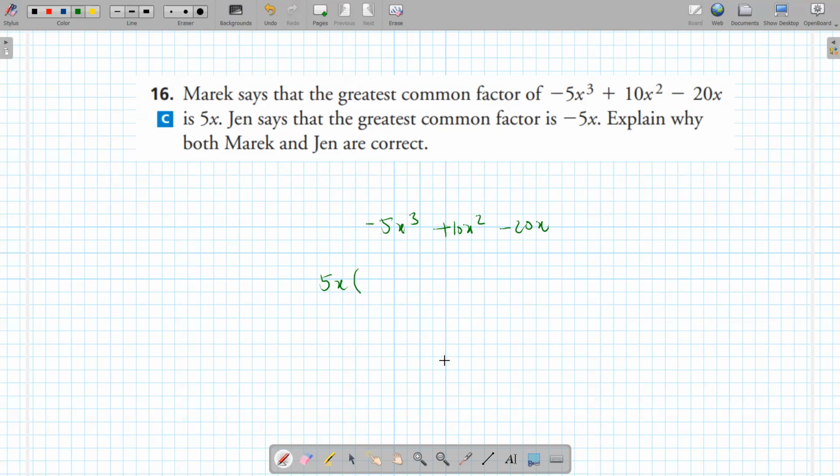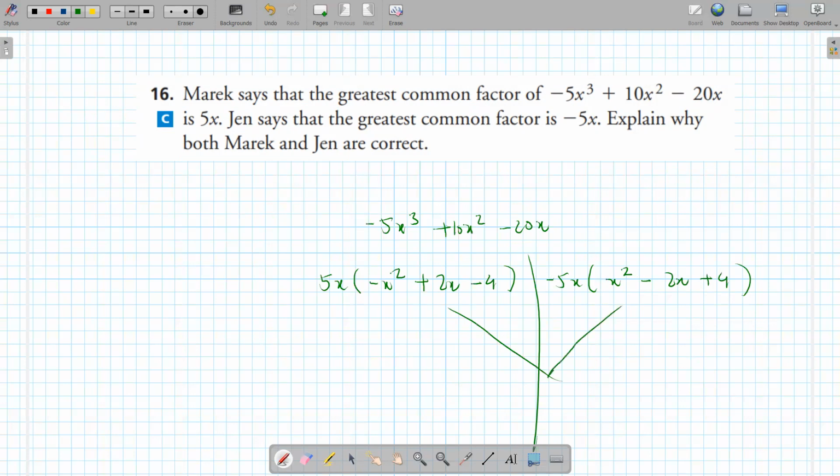Negative x squared plus 2x, yeah, minus 4. Now similarly, if you pull out negative 5x, you'll be left with positive x squared minus 2x plus 4, yeah?